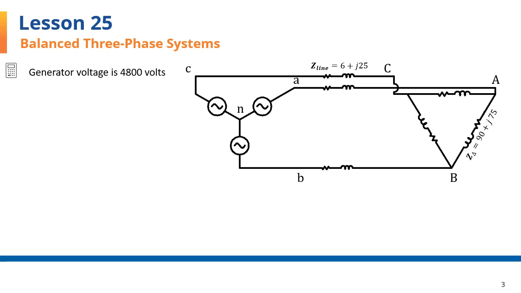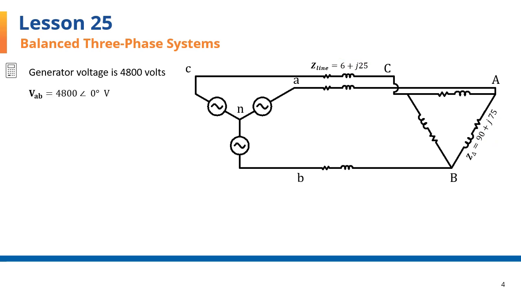We are looking at a balanced system with a delta-connected per phase load impedance of 90 plus j75 ohms, and per phase line impedance of 6 plus j25 ohms. Line-to-line voltage of the generator is given as 4800 volts.